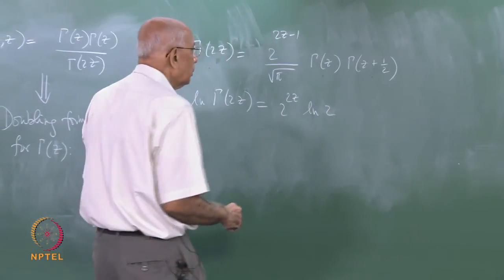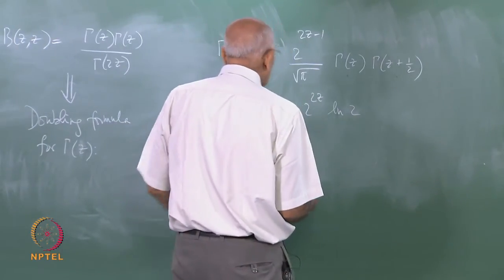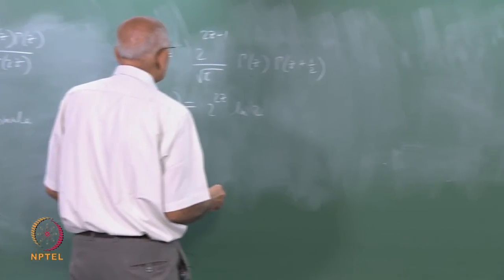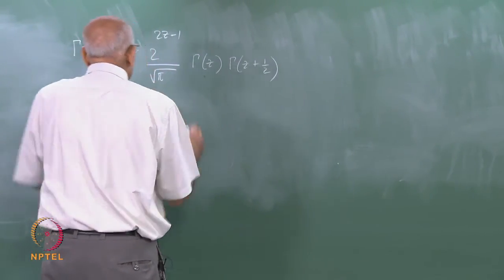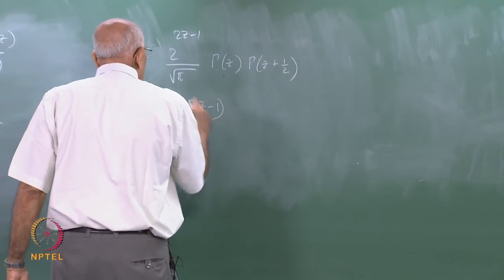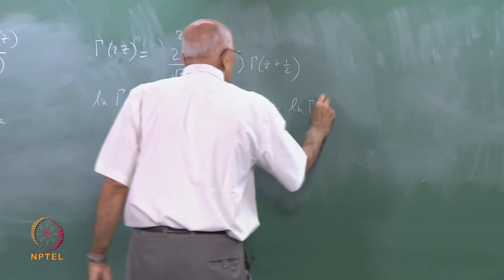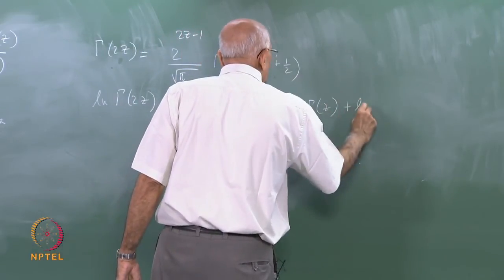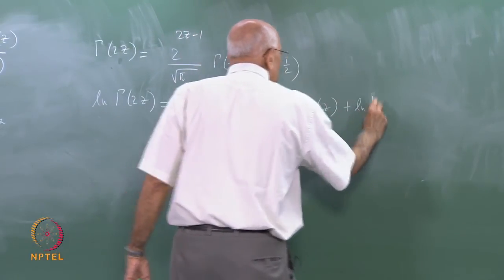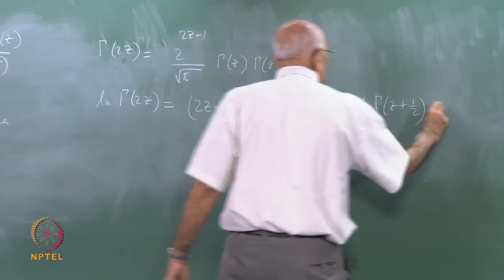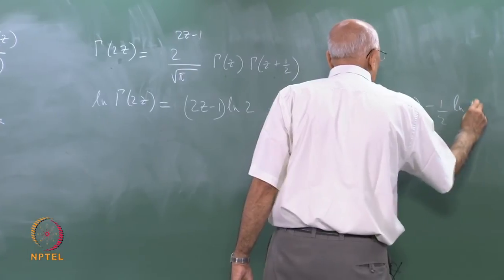You get that term. So, let's take logs first, and then it's easier. (2z minus 1) log 2 plus log gamma of z plus log gamma of z plus a half minus half log pi.